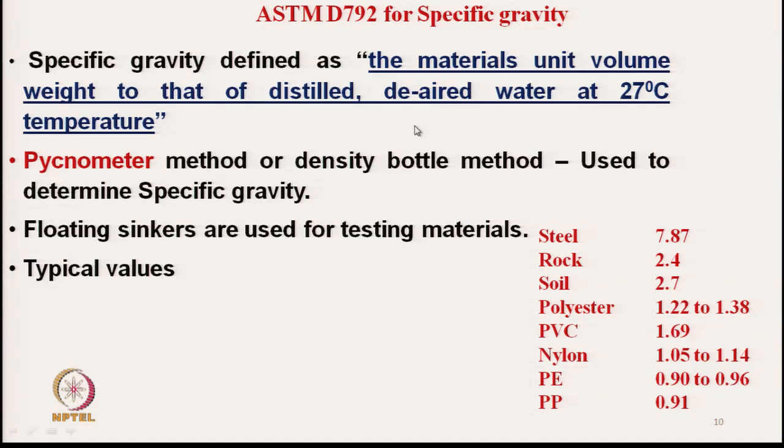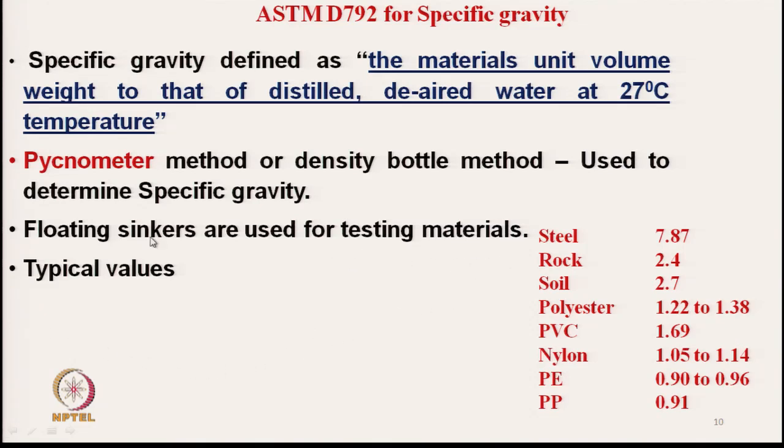So, there are different methods of measurement of specific gravity. The method is the pycnometer method or density bottle method, which is used to determine the specific gravity of geotextile material. Pycnometer or density bottle methods are very commonly used for measuring the specific gravity. Floating sinkers are used for testing materials.